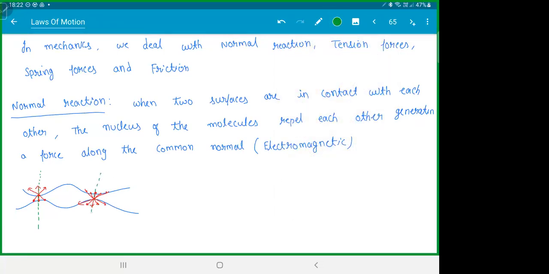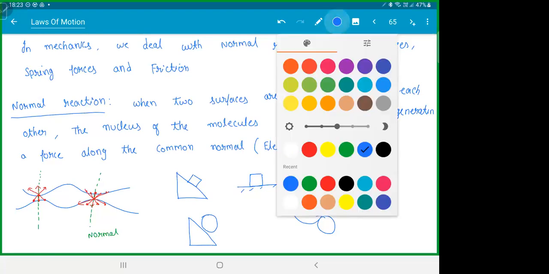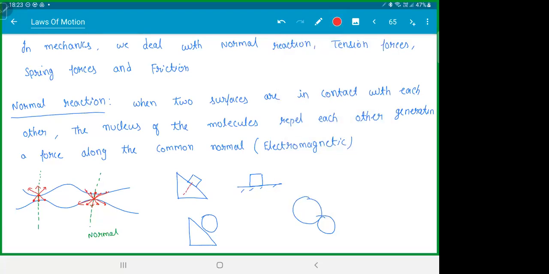So this molecular repulsion is always along the common normal. When you say common normal, if you take a wedge and a block, a block and the ground, a wedge and a sphere, or a sphere and a sphere, this is a common normal.